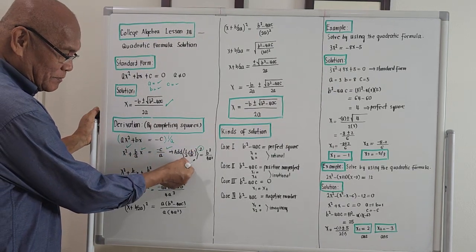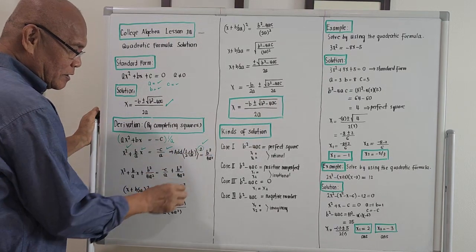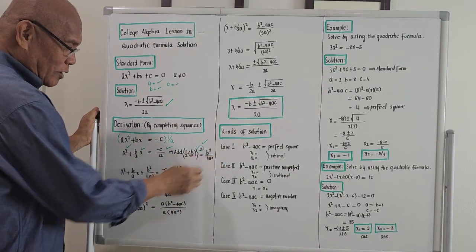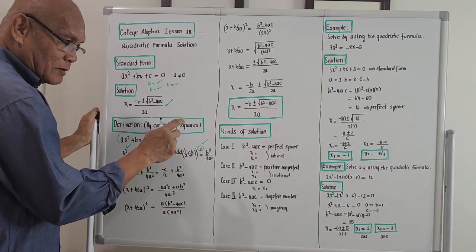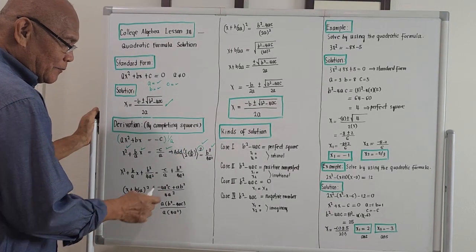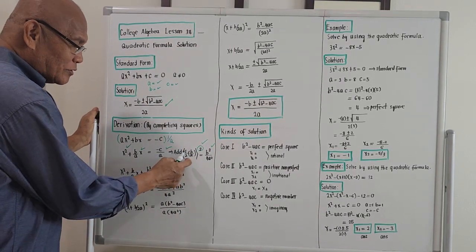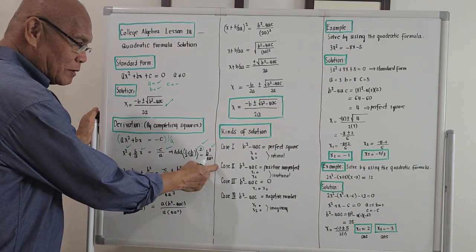We take 1/2, then we square it. If we square this one, 1 times b will be b. We square it, that will be b squared. 2 times a will be 2a. We square it, it will be 4a squared.